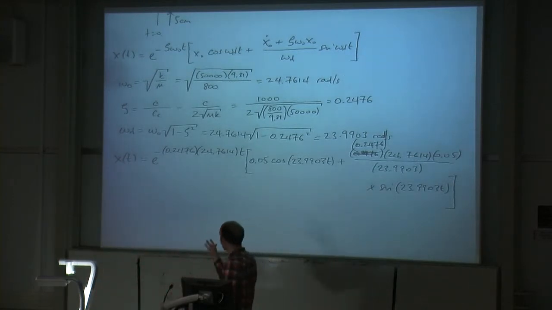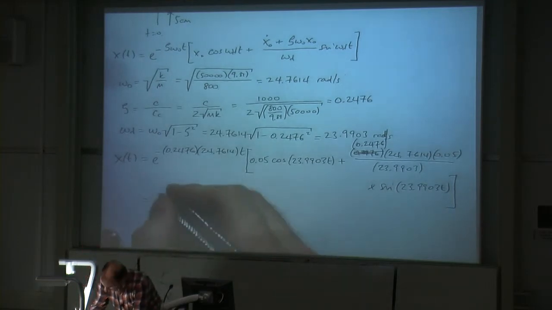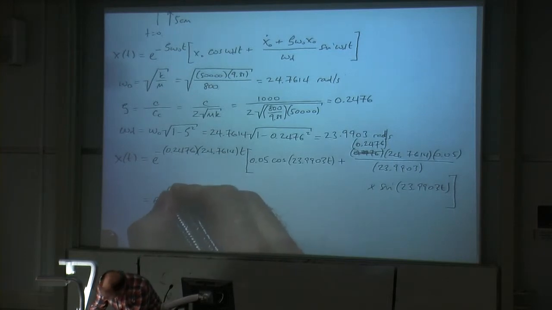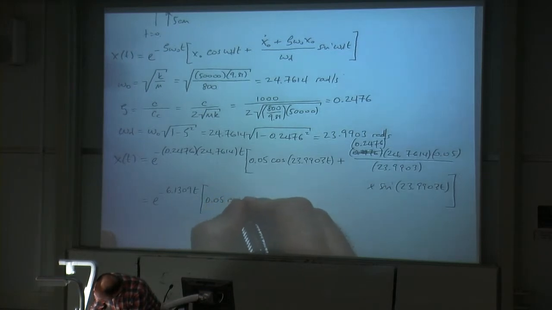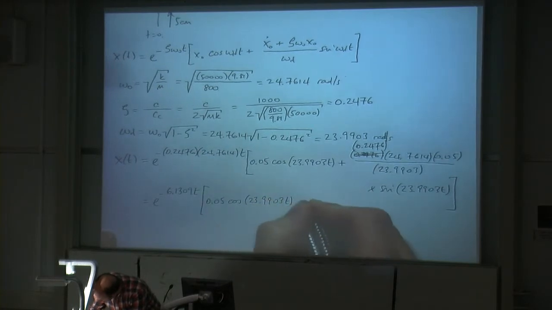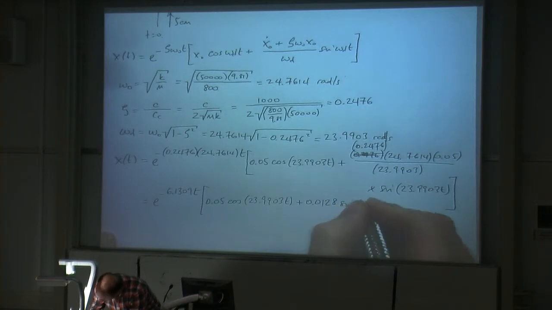So that's sticking all the numbers in, and then obviously you can do some sums to simplify things down, and I get e to the minus 6.1309 t, 0.05 cosine 23.9903 t plus 0.0128 sine of 23.9903 t.